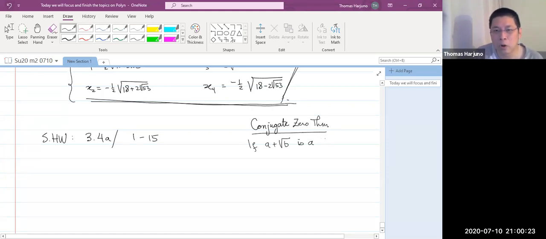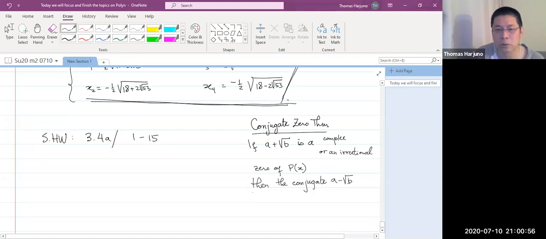Yeah, complex or an irrational zero of P(x), then the conjugate a minus square root of b is also a zero.